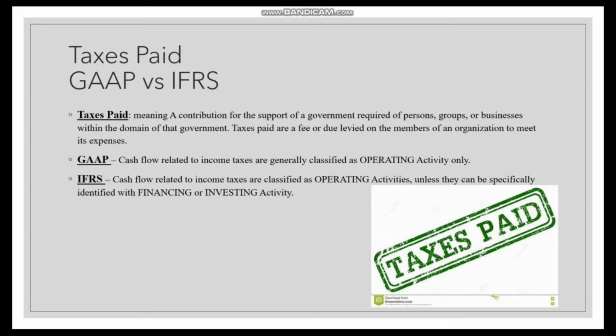Instead, GAAP encourages accountants to record all taxes paid on a single line item. IFRS, on the other hand, allows accountants more flexibility with taxes, thus implying thoroughness and complexity. Because of this, they allow investors to know more about their businesses and to make informed decisions.